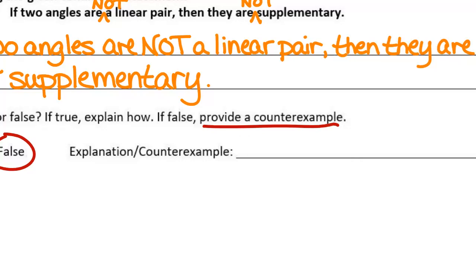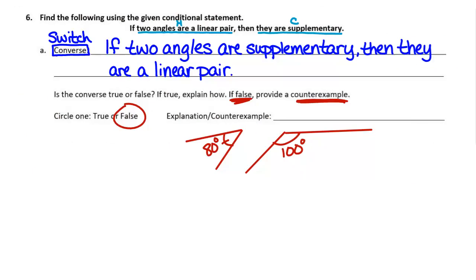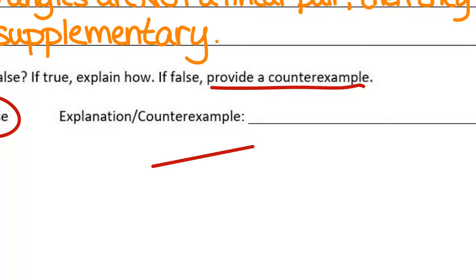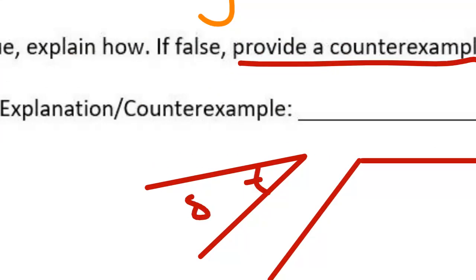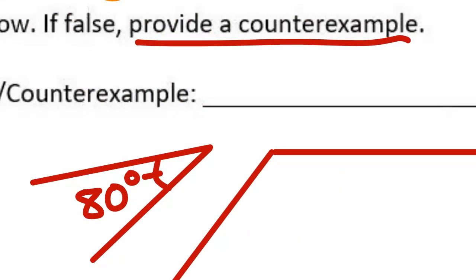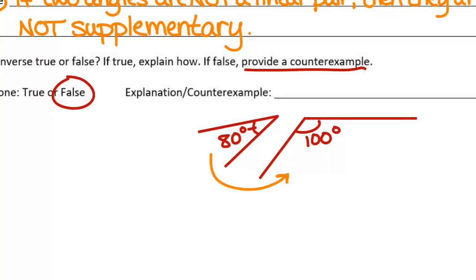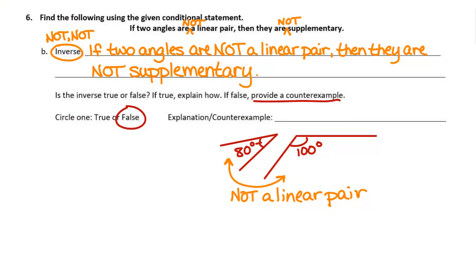Will the counterexample that I used on part A work here? Yes, so I can just recopy that exact same counterexample. I have an angle that's 80 degrees and an angle that's 100 degrees, and they are not a linear pair, because they don't touch each other.